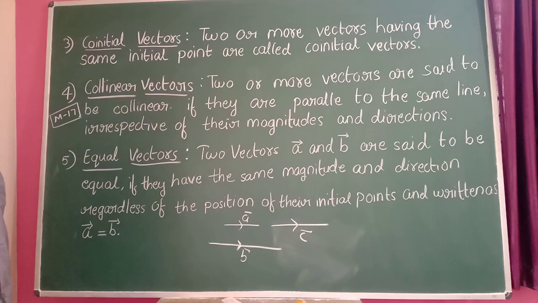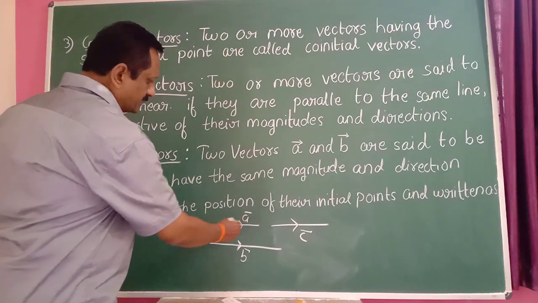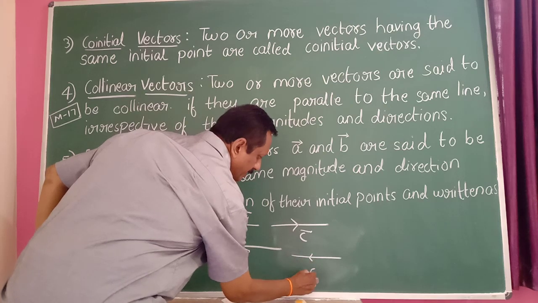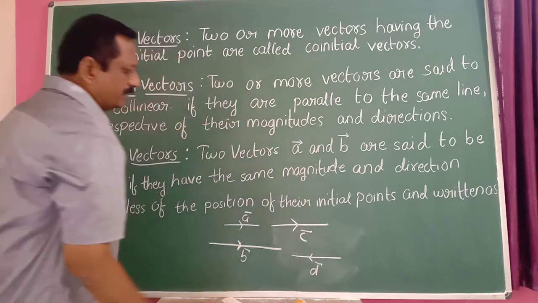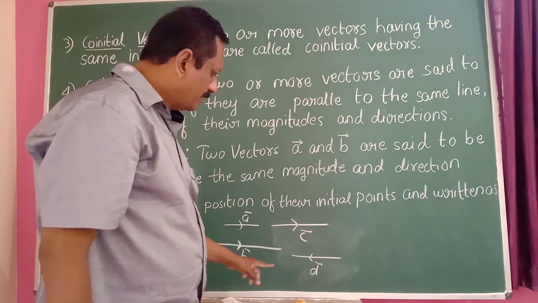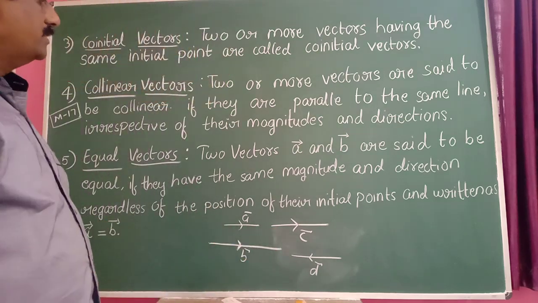Therefore, two or more vectors are said to be collinear if they are parallel to the same line, irrespective of their magnitudes and direction. Here in this case, even the direction can be opposite. Suppose we take one more vector, D bar. Even though A bar, B bar, C bar have the same direction, D bar has the opposite direction.